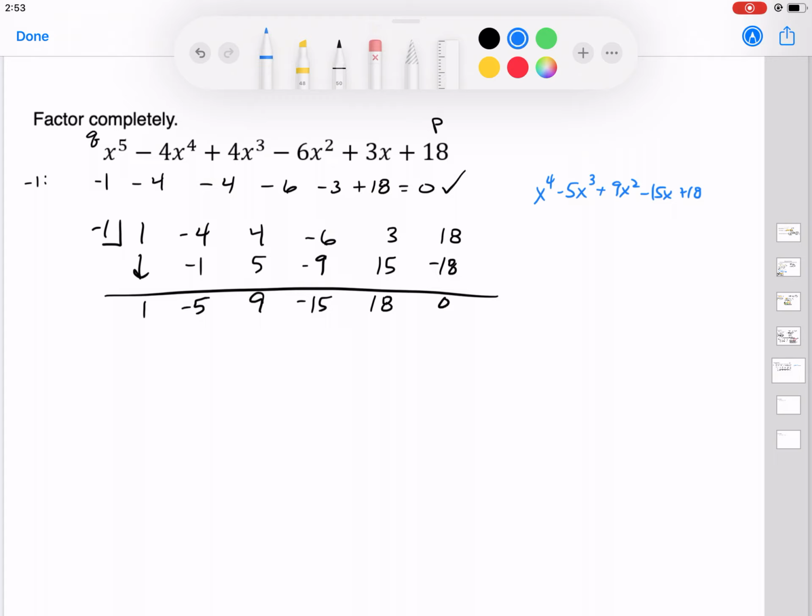So let's do 18. Factors of 18 are 1, 2, 3, not 4, not 5, but 6, not 7, not 8, but 9, and so 9 and 2, and then 18. So we got all those factors over the factors of the bottom, or the leading coefficient.